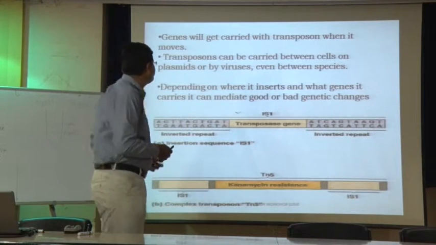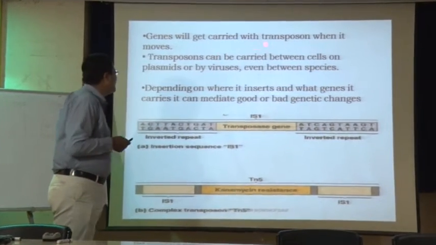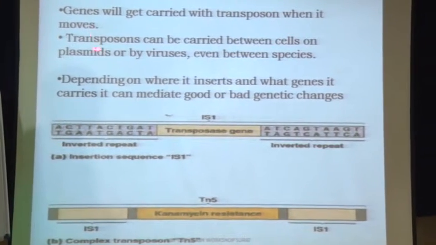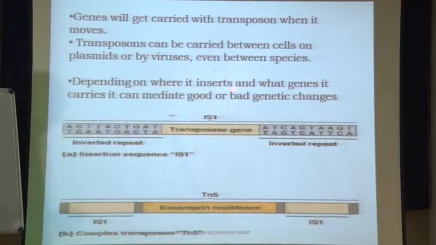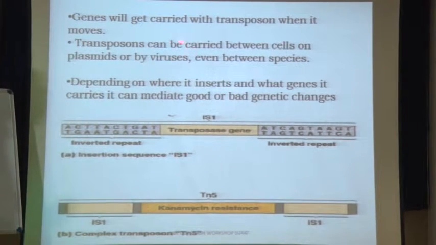Genes get carried with the transposon when it moves. The transposon can be carried between cells, on plasmids, or by viruses, and even between species. Any organism can carry transposons. Depending on where it inserts and what genes it carries, it can mediate good or bad genetic change.